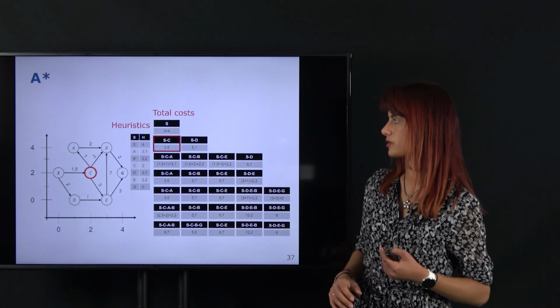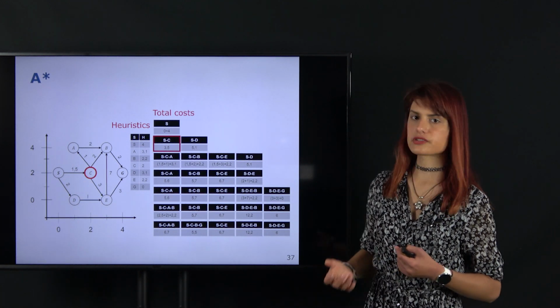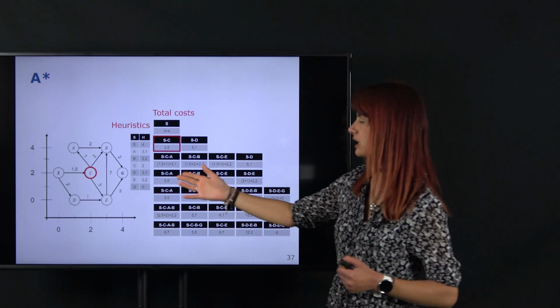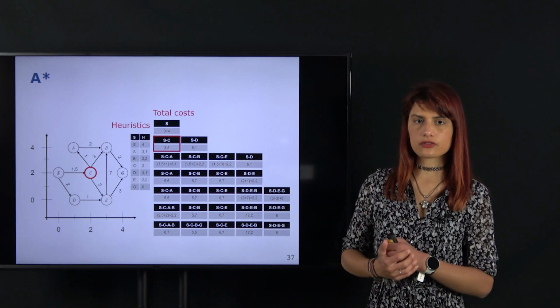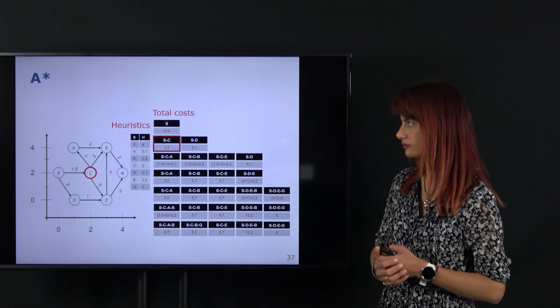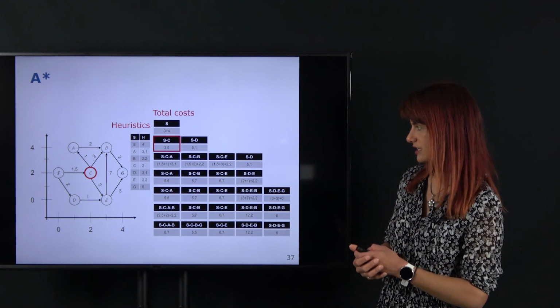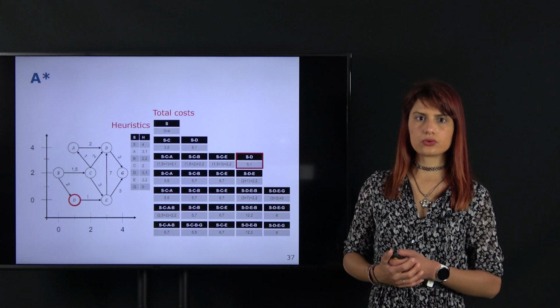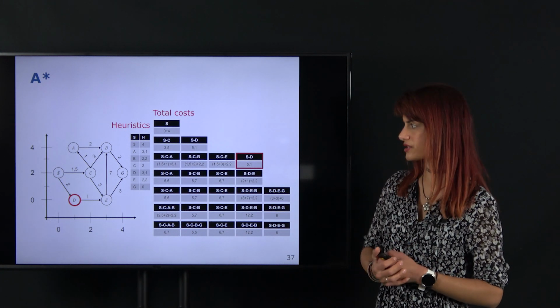And then we sum up those values, and that's our total cost for each of the new nodes. And we can repeat this process again. So now we have new nodes added. The only difference is that we took 2 steps, so we're deeper in the tree now. But the main logic is the same. So now D is actually our new one with the total lowest cost.